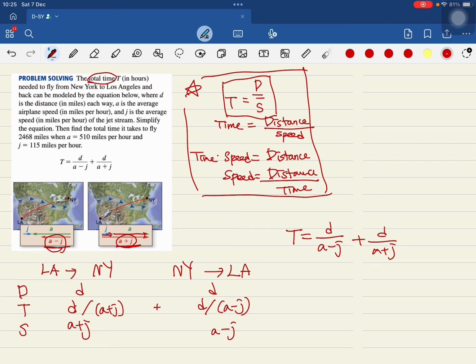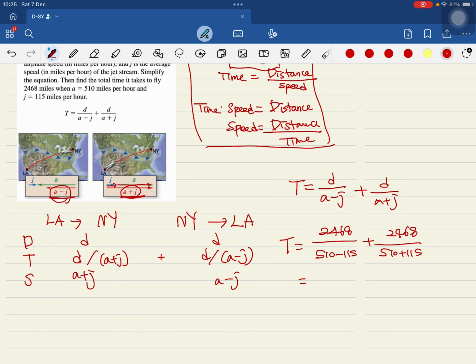So the distance was 2,468, and A was 510 minus 1, 1, 5, plus D was 2,468, 510 plus 1, 1, 5.